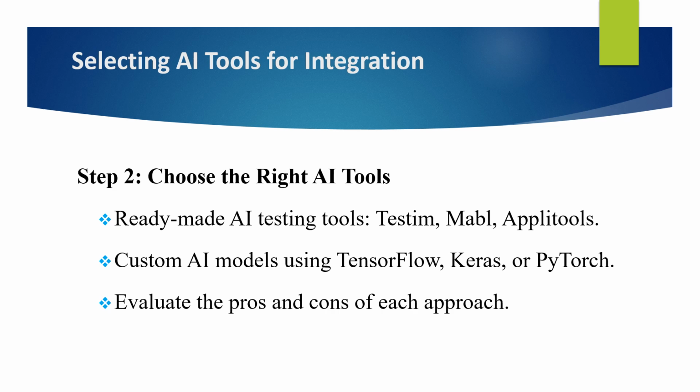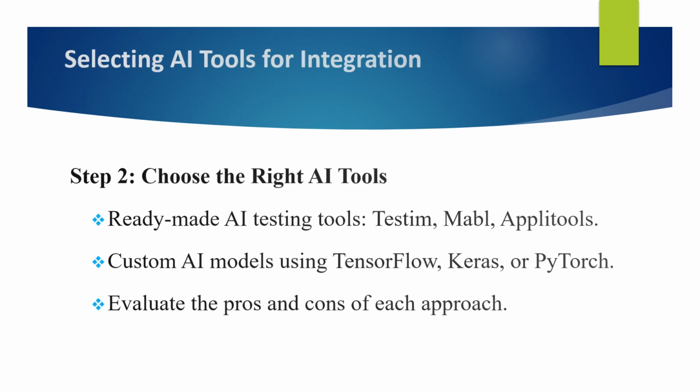Or if you're feeling more adventurous, you can build custom AI models using libraries like TensorFlow, Keras, or PyTorch. Each approach has its pros and cons. Ready-made tools are quicker to implement, but custom models offer more control and adaptability. The key is to select a tool that aligns with your specific needs.